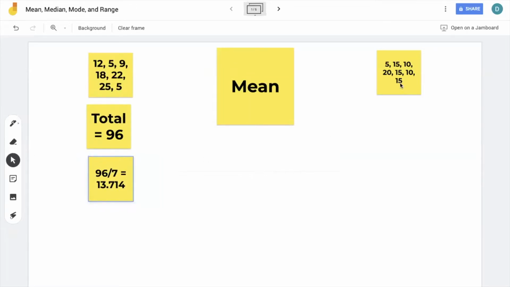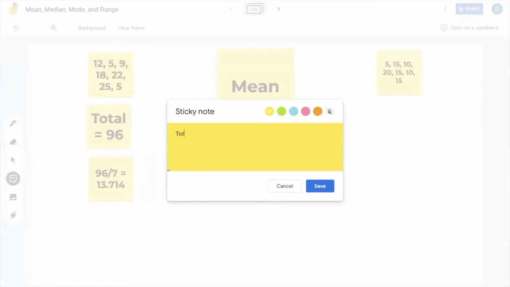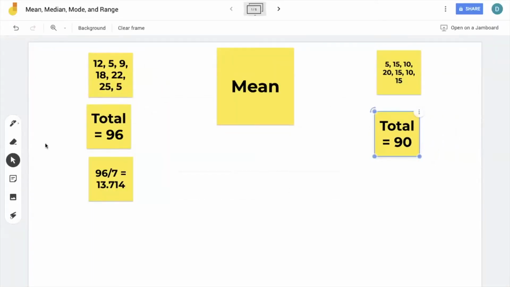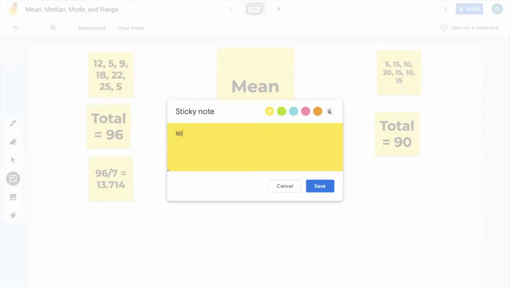Let's look at this other example here: 5, 15, 10, 20, 15, 10, 15. If we add all of them together, the total is 90. Then we will say 90 divided by 7 equals 12.857.